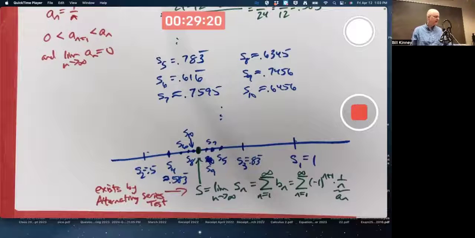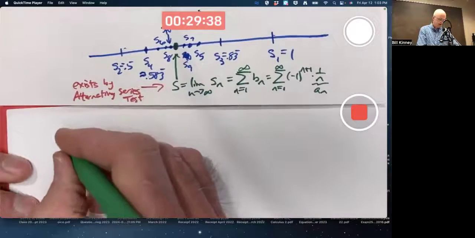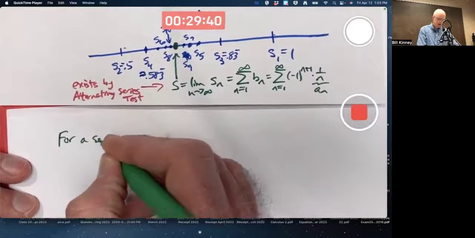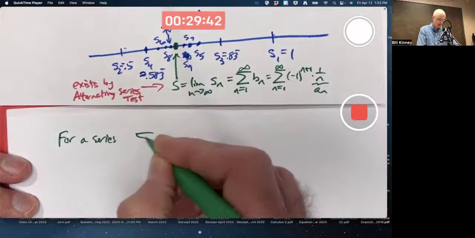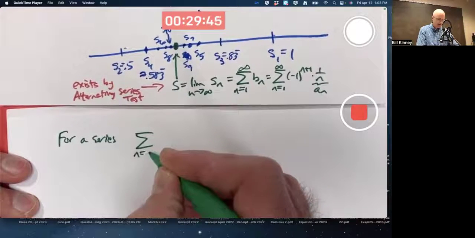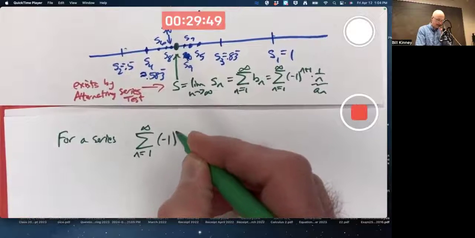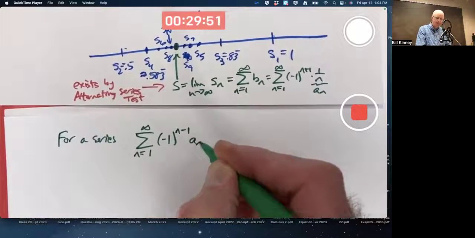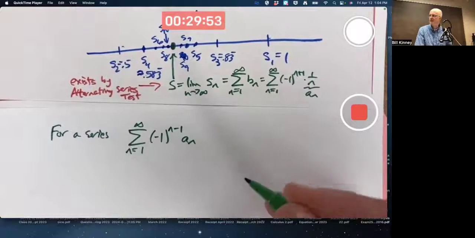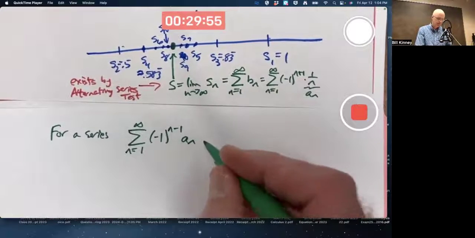Let's explore that a little bit with more technology. There's another theorem that I do want you to know called the alternating series test error-bound theorem. For a series of the form sum from n equals 1 to infinity, again, the book uses an n minus 1 power here, but it would also be fine to use an n plus 1 power.